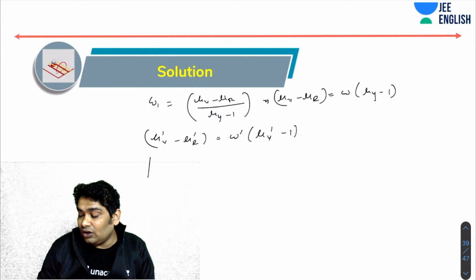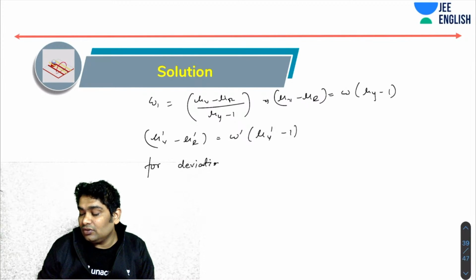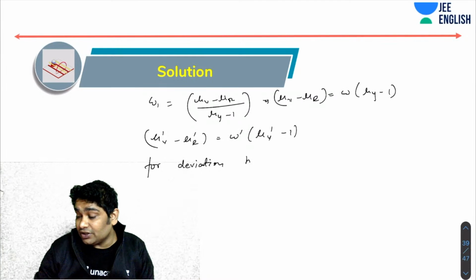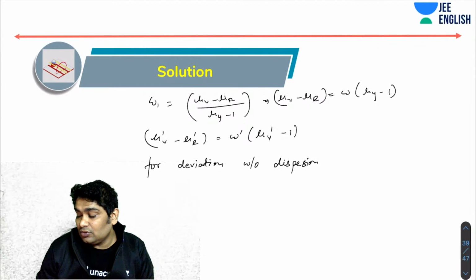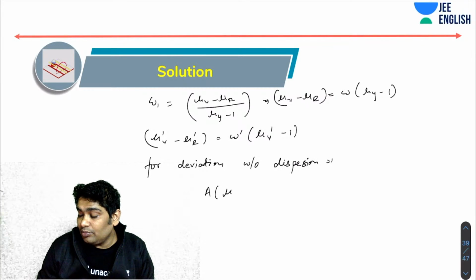Now I know for deviation without dispersion, you want that A times mu violet minus mu r be equal to A dash times mu dash violet minus mu dash r.